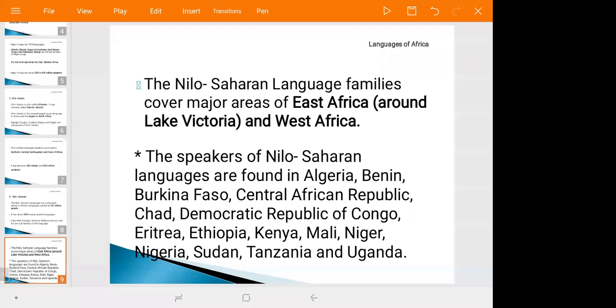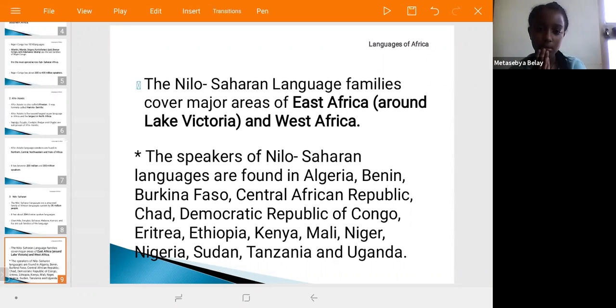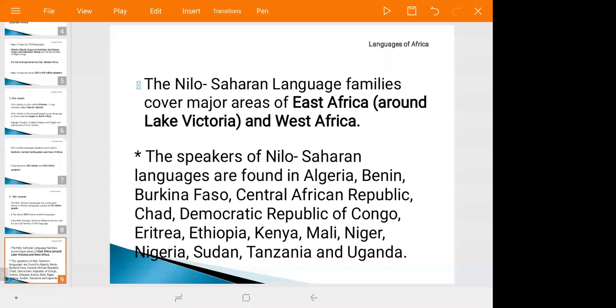It means that in some parts of West Africa, we have the Niger-Congo speakers, and in other countries, we have the Nilo-Saharan. So when I mention these parts of Africa once or twice, don't take it as a mistake, it is right. Some parts of West Africa have the Niger-Congo, and others have Nilo-Saharan.